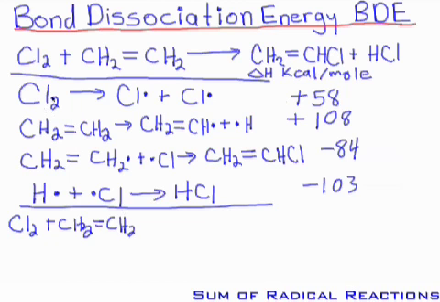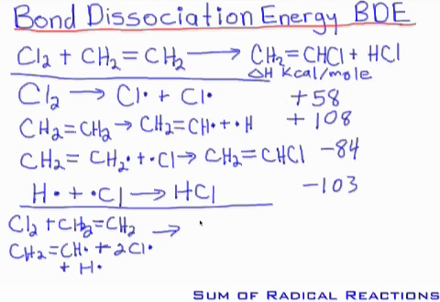So that's everything on this side of the arrow. I've got alkene radical, Cl dot and Cl dot, so it looks like I've got 2 Cl dots, and it looks like an H dot. So I have all of those things on one side of the equation, and I can draw an arrow.